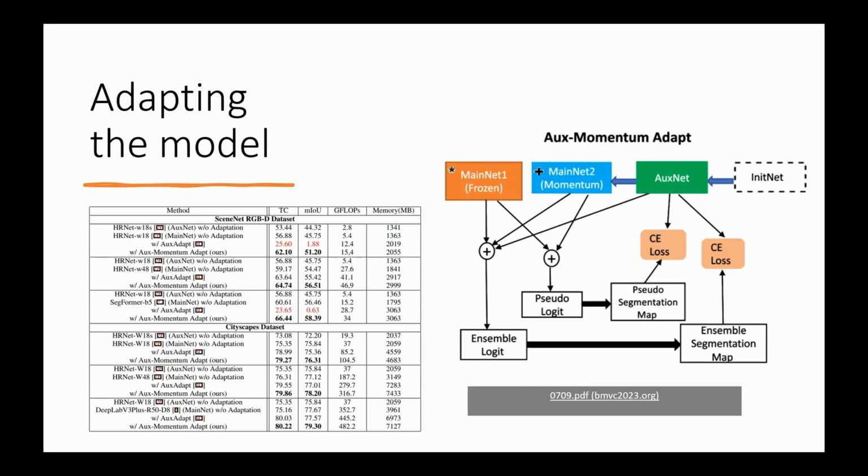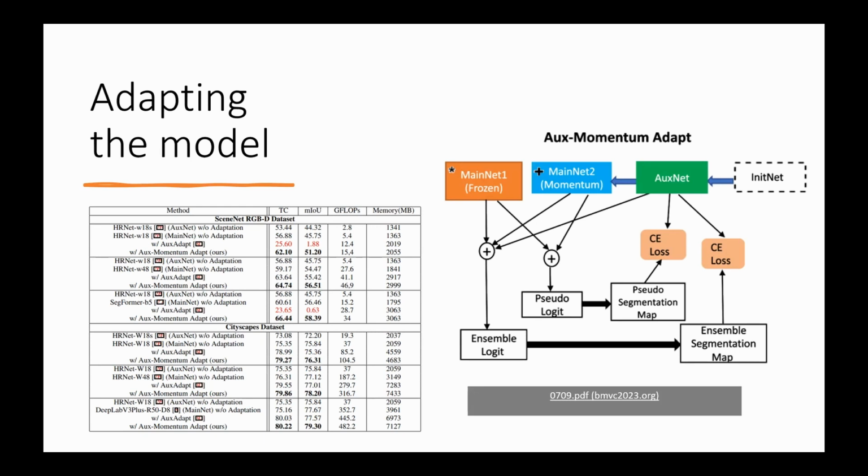And as you see, the two HRNet lines at the beginning are basically the momentum adapt architecture's performance level.